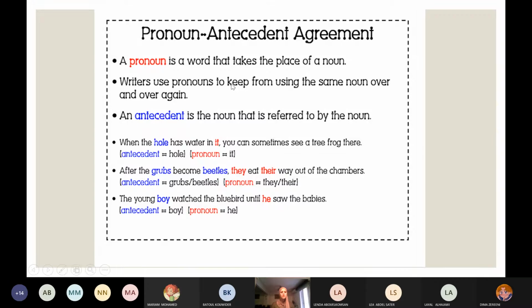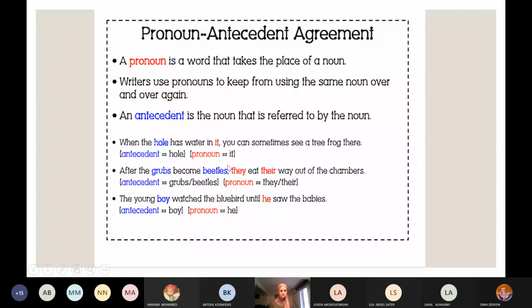For example, here: instead of saying "when the hole has water in the hole," I say "when the hole has water in it." It is a pronoun, it replaces hole. So the pronoun is it, and the antecedent is hole. "After the grubs become beetles, they eat their way out of the chamber."